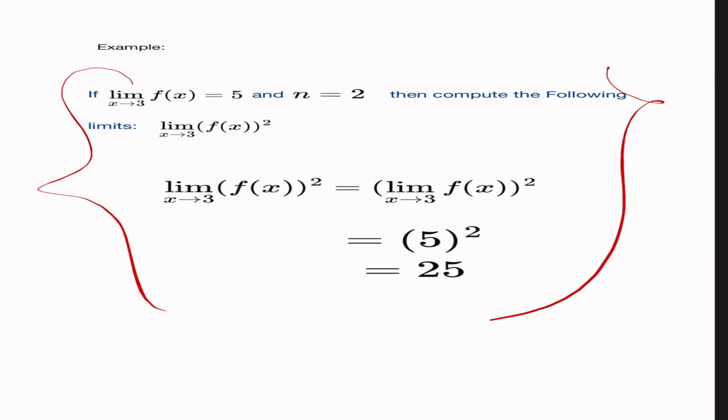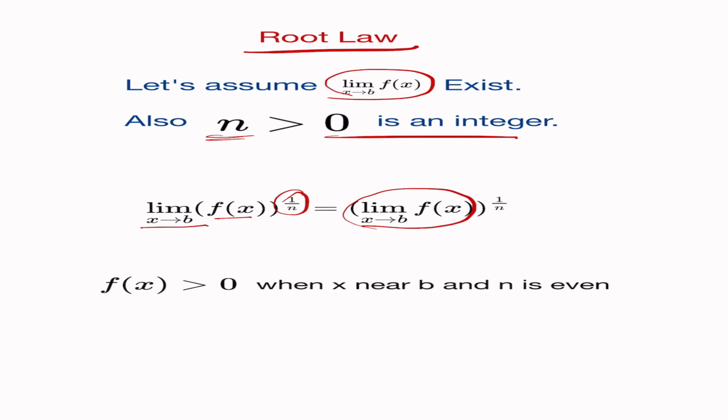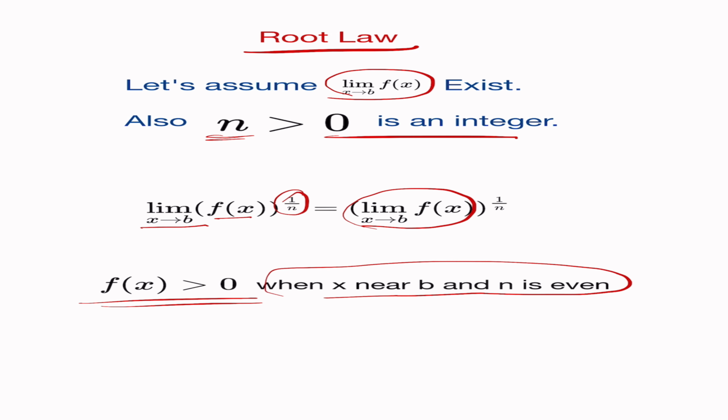Now let's learn the root law for the limit. Let's assume that we have the same function, and n is an integer, and it has to be more than 0. Then the limit as x approaches b of f of x to the power 1 over n, that means the root, is going to be simply the value of the function to the power of the root.